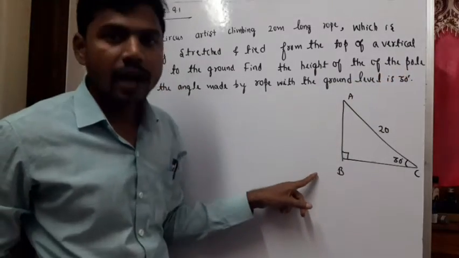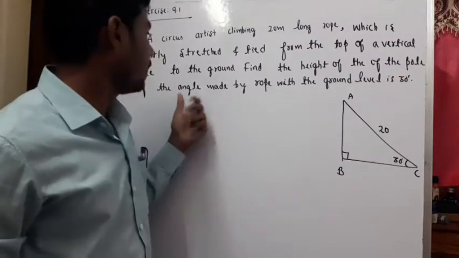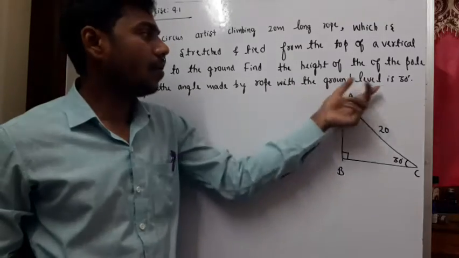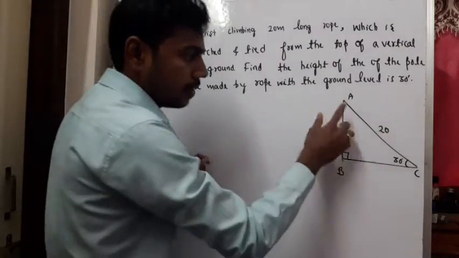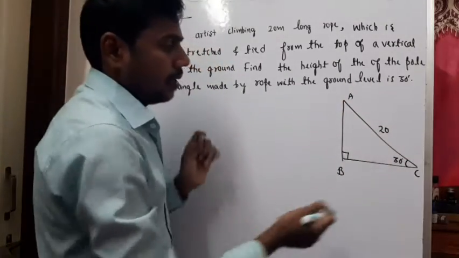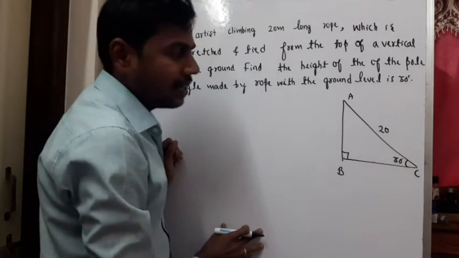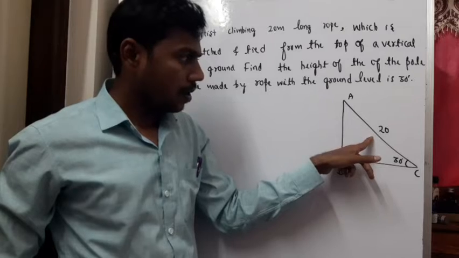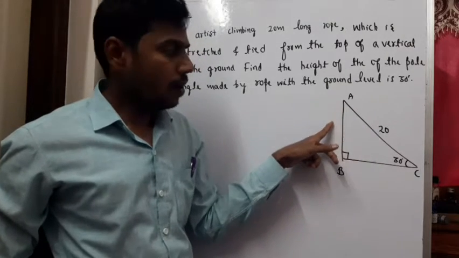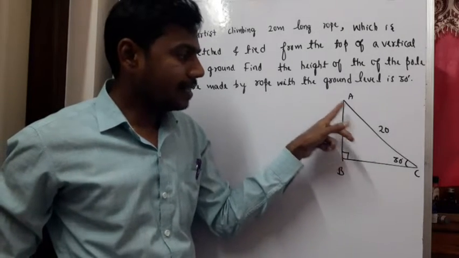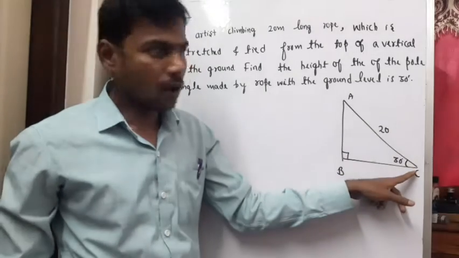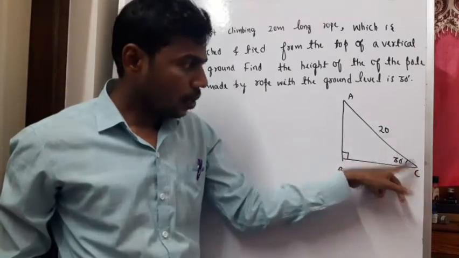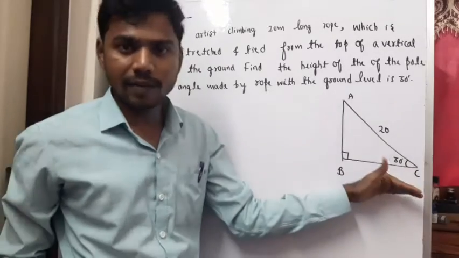We need to find the height of the pole if the angle made by the rope with the ground level is 30 degrees. The circus artist tied a rope to the vertical pole, and it is tied to the ground. So this rope is making an angle of 30 degrees with the ground.